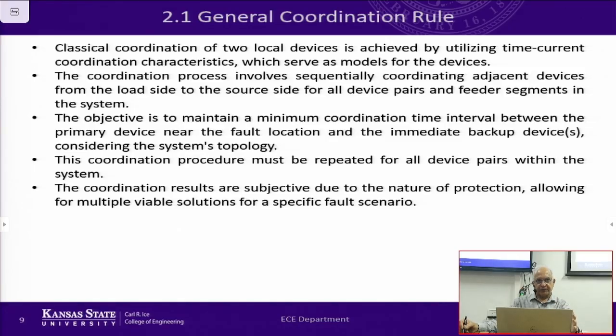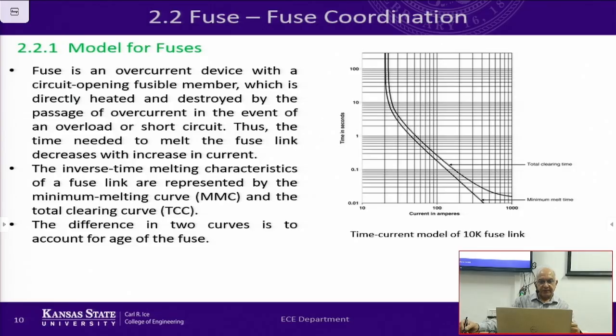With digital devices, the tolerance can be a little bit tighter because they are more accurate in their operation. Electromechanical devices used to be less accurate, so you had to keep a larger margin. And in case you have multiple configurations of the system, the protection should work under all those conditions. So here is an example; first we talk about fuse coordination.